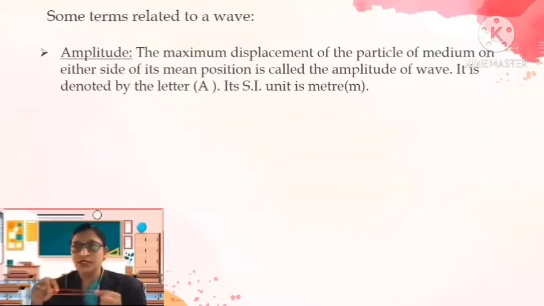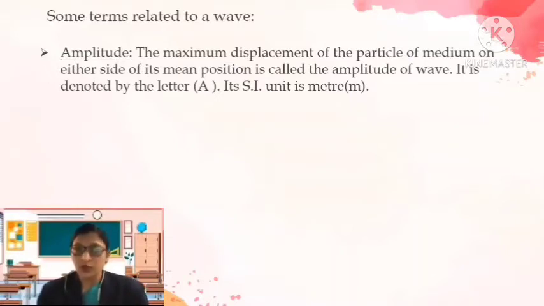Dear friends, when an object starts to vibrate, it moves to and fro from its mean position. So the maximum displacement of the object producing sound from its mean position is called the amplitude of the sound wave.